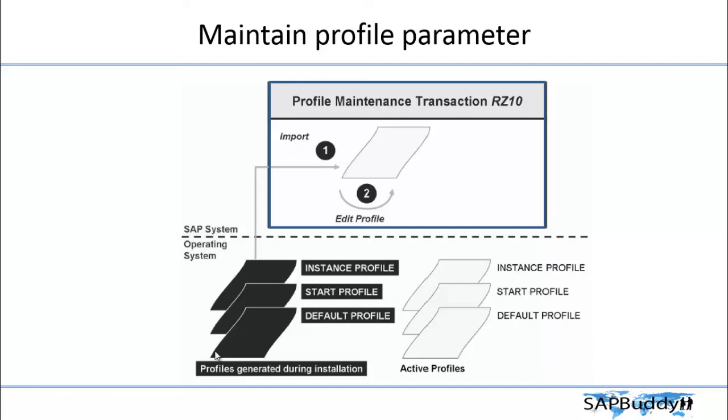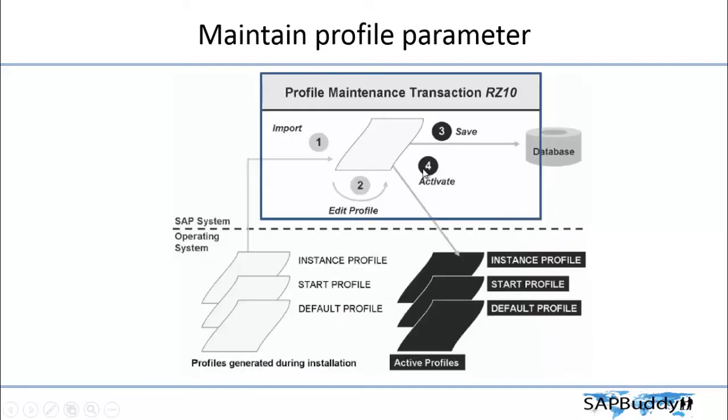Once you edit the profile, then you need to save it. Once you save the profile, the profile value will be saved in the database, whether it's Oracle or MS SQL or any other database. In our case, we are using Oracle. So these values will also be saved in the database for reference purposes.